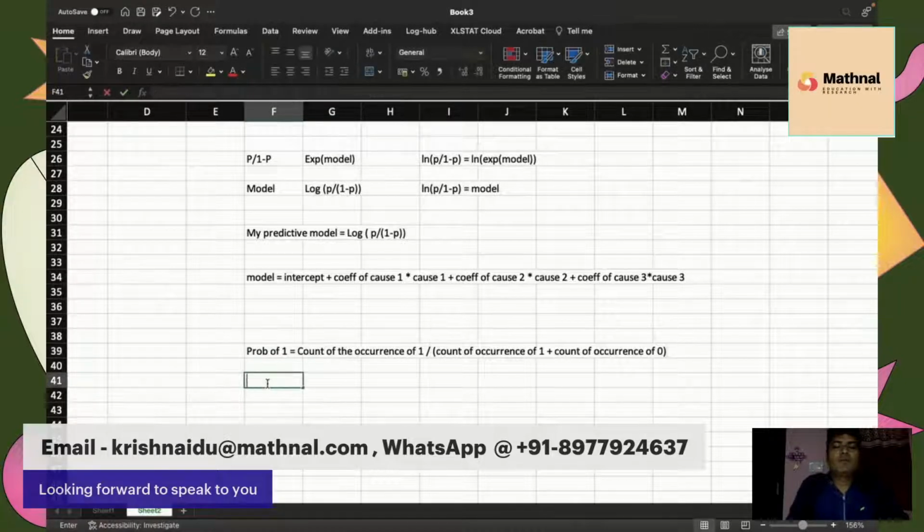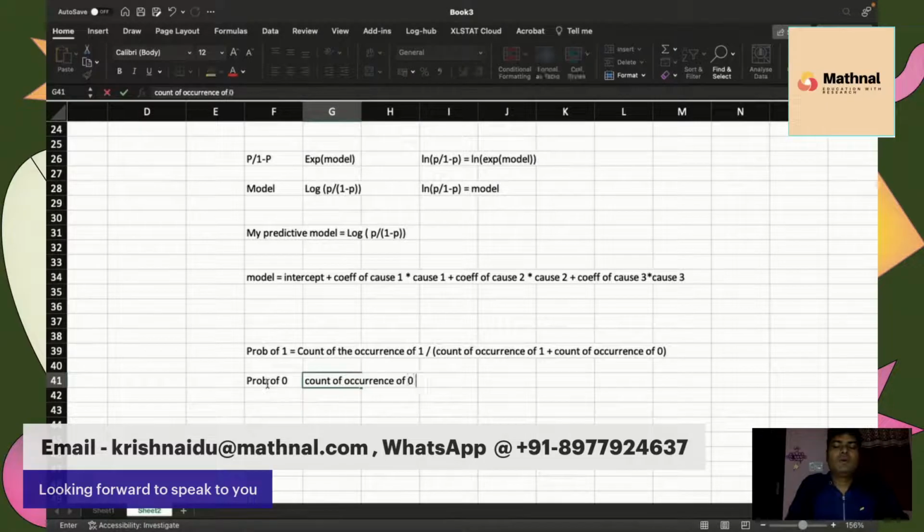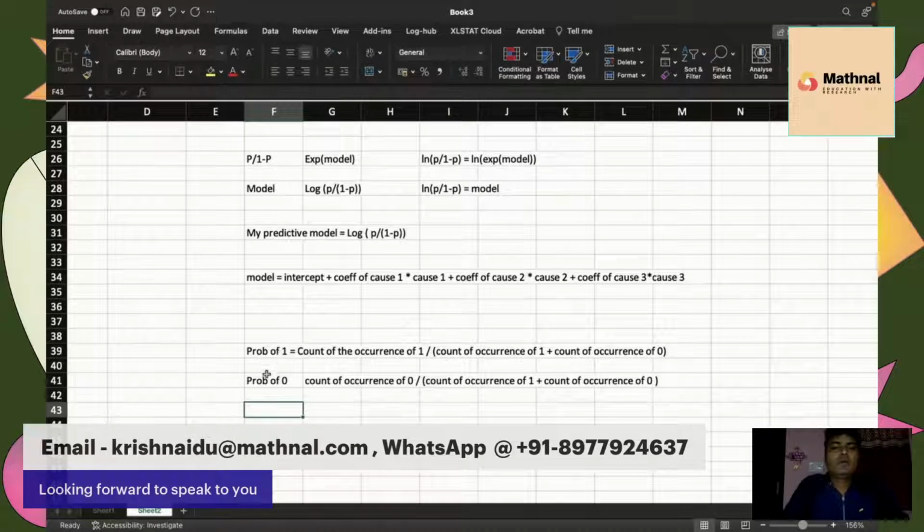And what is the probability of 0? The count of occurrence of 0 divided by the count of occurrence of 1 plus the count of occurrence of 0.